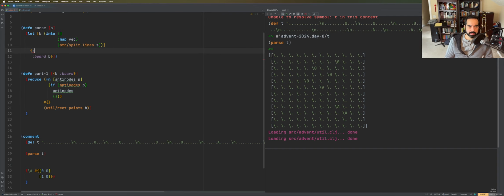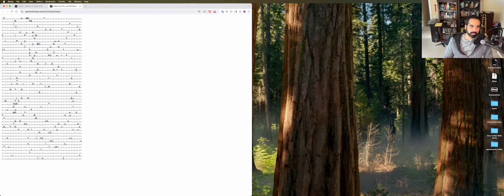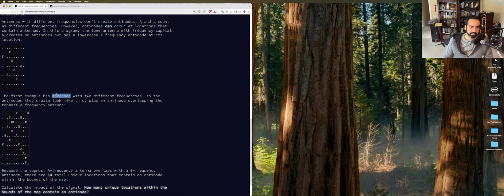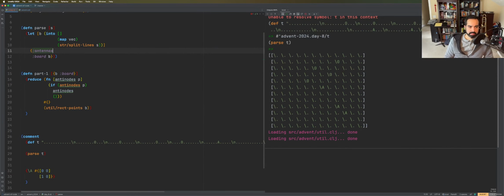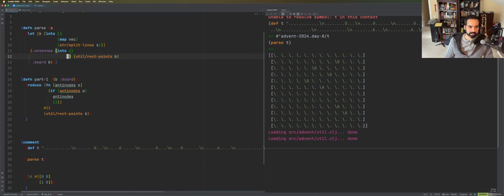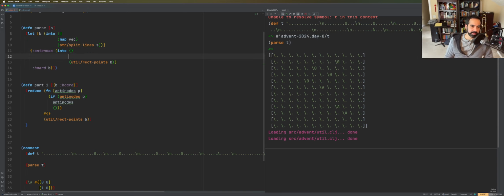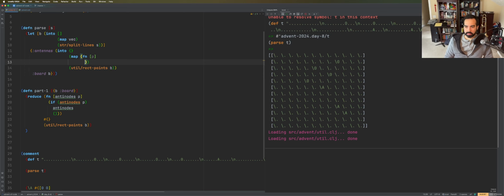B, and then we'll have, what are they called? Antennas? Antennas are going to be util rect points of B into, we can do it direct into, because we're not needing to keep state, we just need a list of all of the points that are not dot, basically.